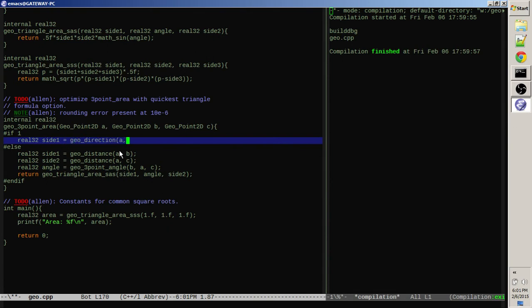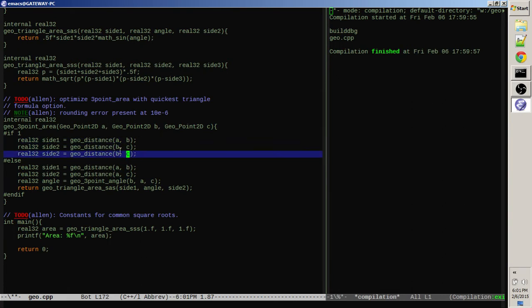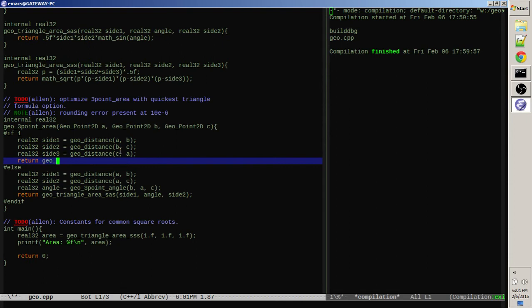And we do distances from A to B. Distances from B to C. And from C back to A. Whoops, make that a 3. And then it's geo triangle area SSS, side 1, side 2, side 3.